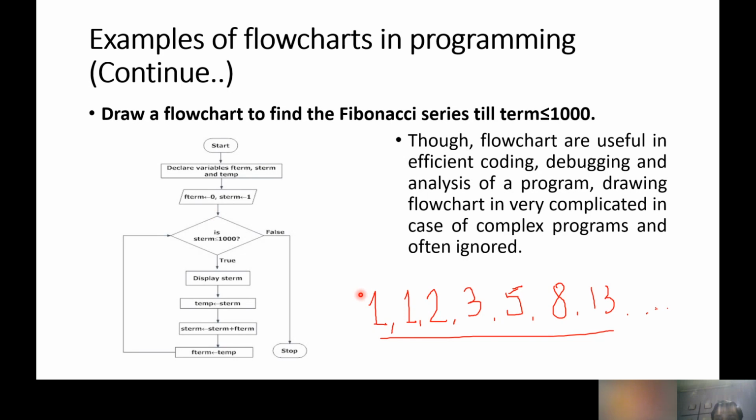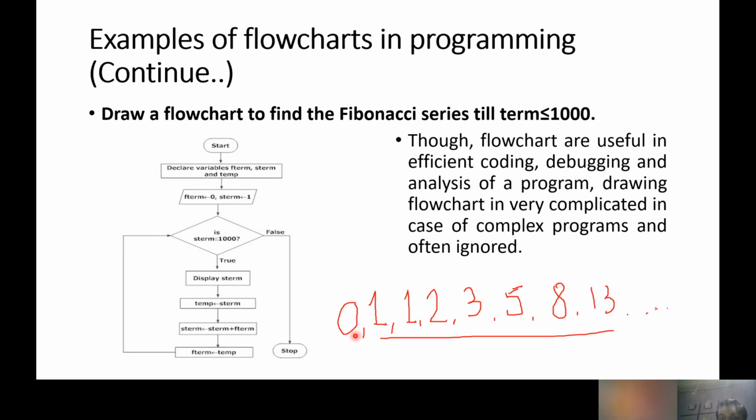What is f term? That is my first term. Second term, s term. So the first term value may start with 0. It says that it should start with 0. So 0 plus 1, that is 1. 1 plus 2, that is 3. 2 plus 3, okay, carry on.